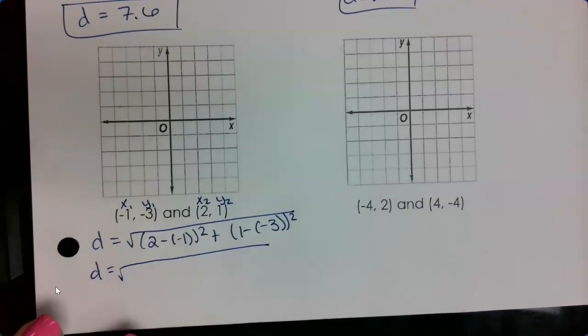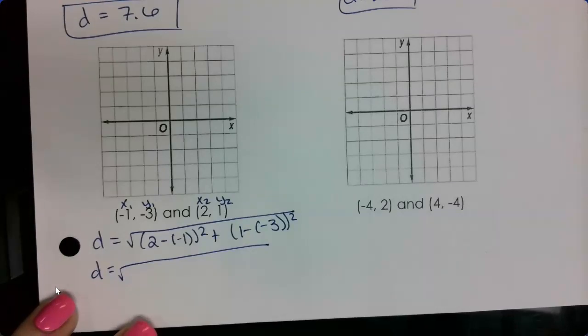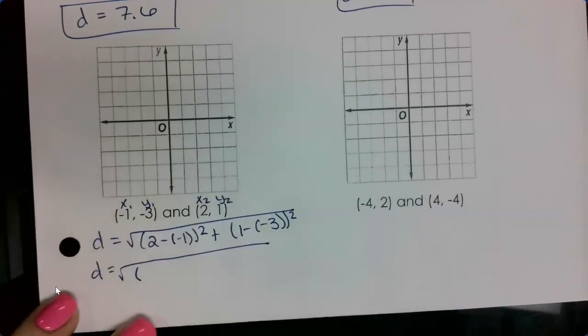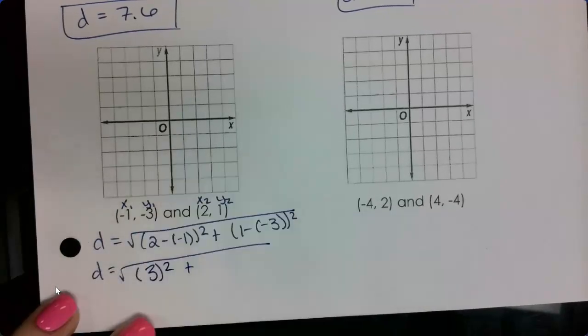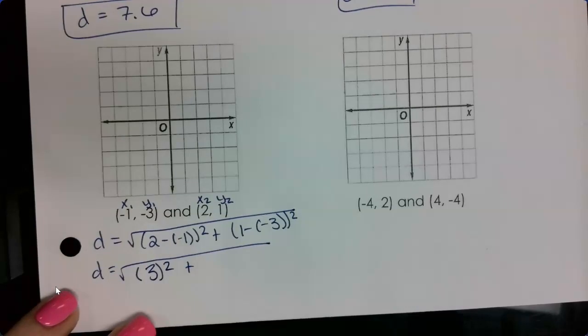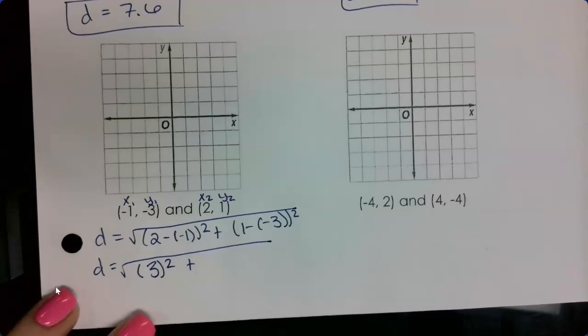So 2 minus negative 1 is the same thing as 2 plus 1. Okay. And then I have 1 minus negative 3, which is going to be the same thing as 1 plus 3.